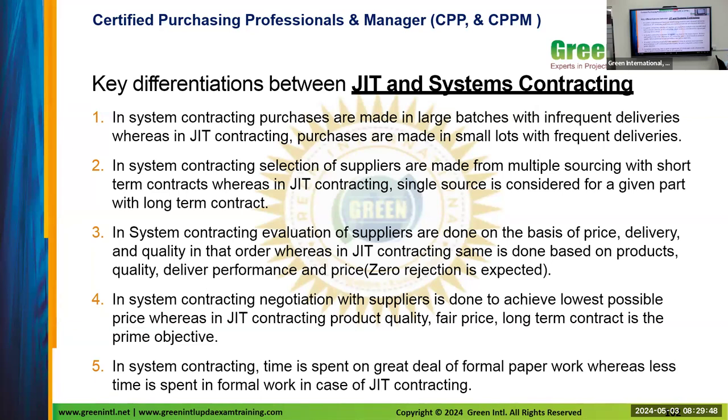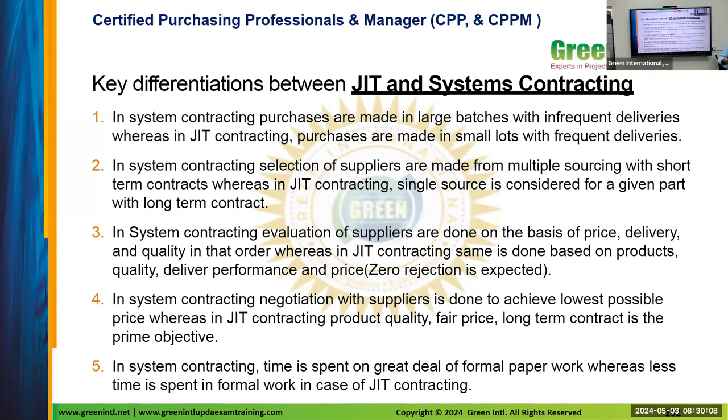So basically, system contracting is for items which are very easily available in the market. They are not very complex in nature, technically, and they are not going to contribute to the final product which is being produced or manufactured.